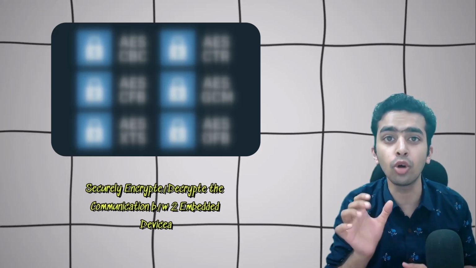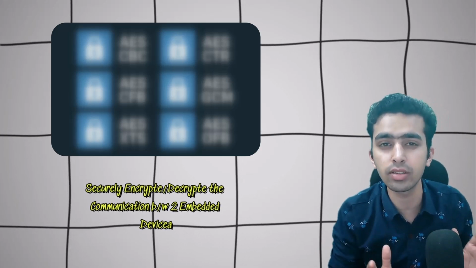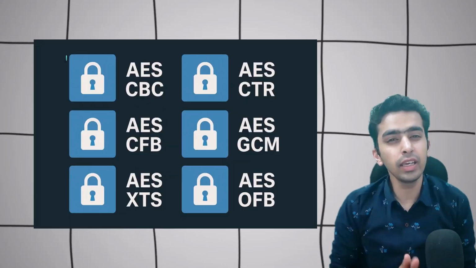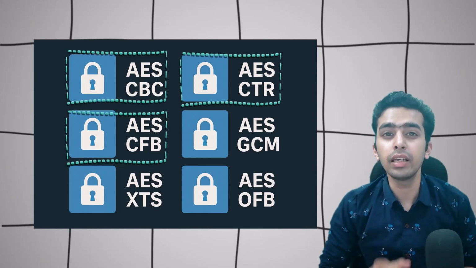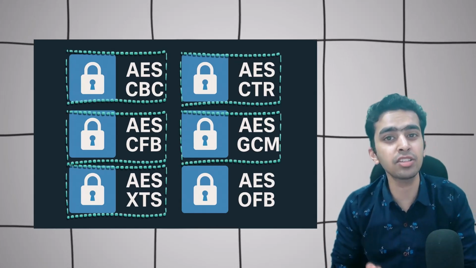From real-time ECU secure communication to encrypted flash storage, these AES modes are used to securely encrypt or decrypt the communication between two embedded devices. These modes are AES CBC, AES CTR, AES CFB, AES GCM, AES XTS, and AES OFB. And these AES modes make our secure communication work.